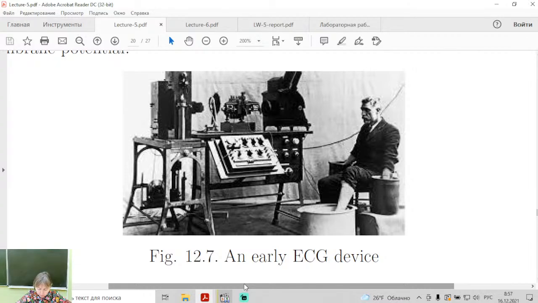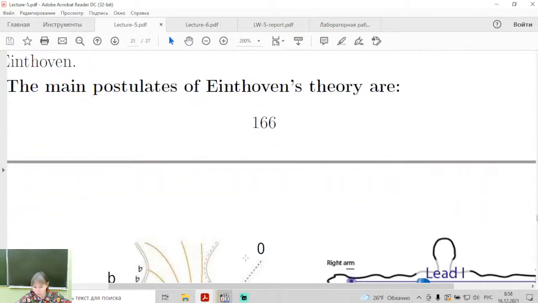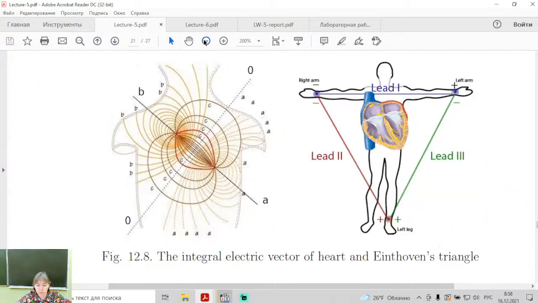It was Dr. William Einthoven from the Netherlands who developed the EKG for clinical use by refining the electrometer and delineating the PQRST waves. He used three limb leads, which became known as Einthoven's triangle. Look at Einthoven's triangle. Look at here.